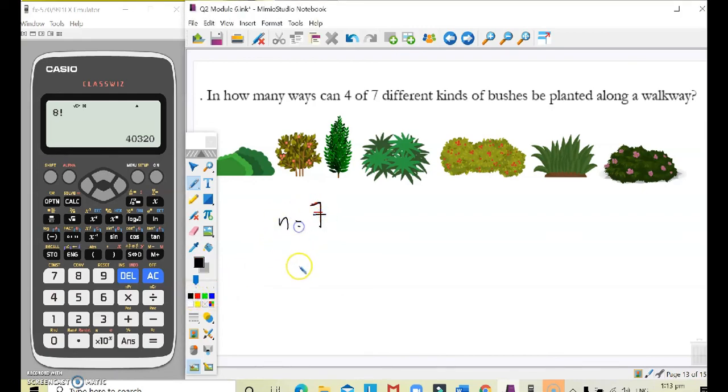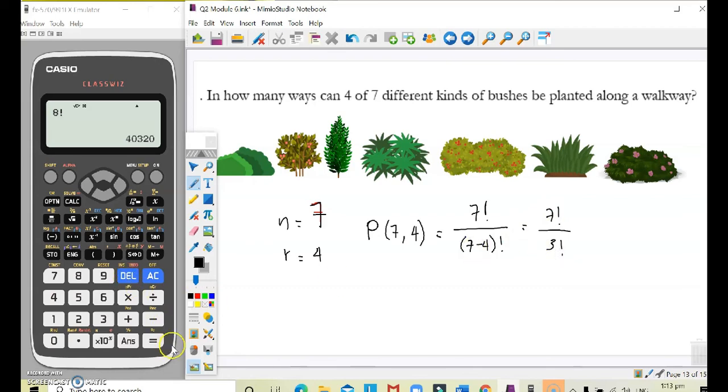Therefore, n is 7. And since we're going to position it to 4 positions along a walkway, then r would be 4. Therefore, to solve this problem, we need to get the permutation of 7 objects taken 4 at a time, leaving us with 7 factorial over quantity 7 minus 4 factorial, which is 7 factorial over 3 factorial.